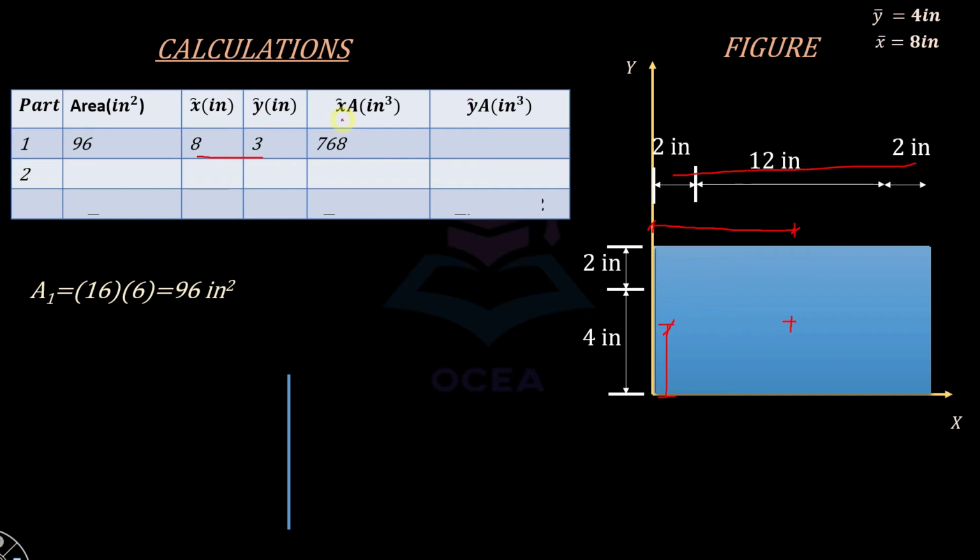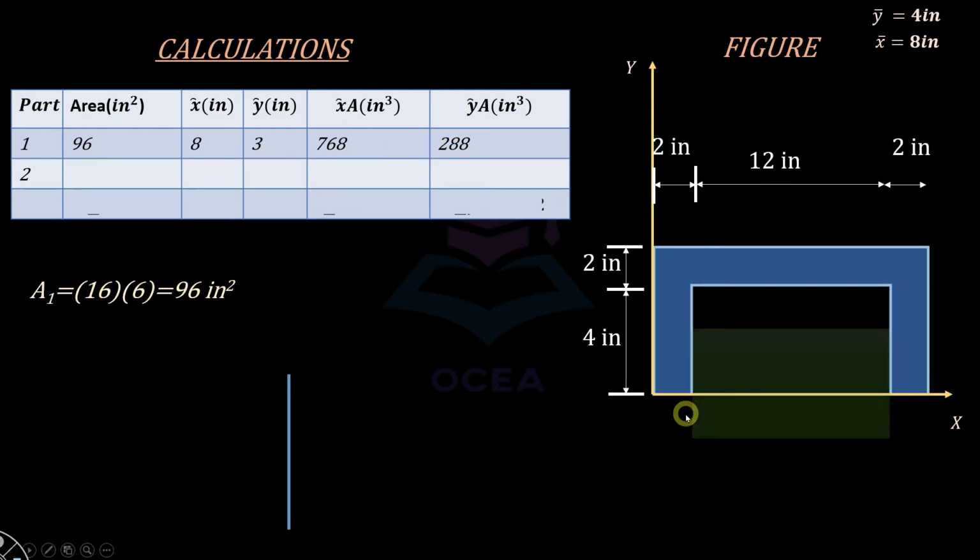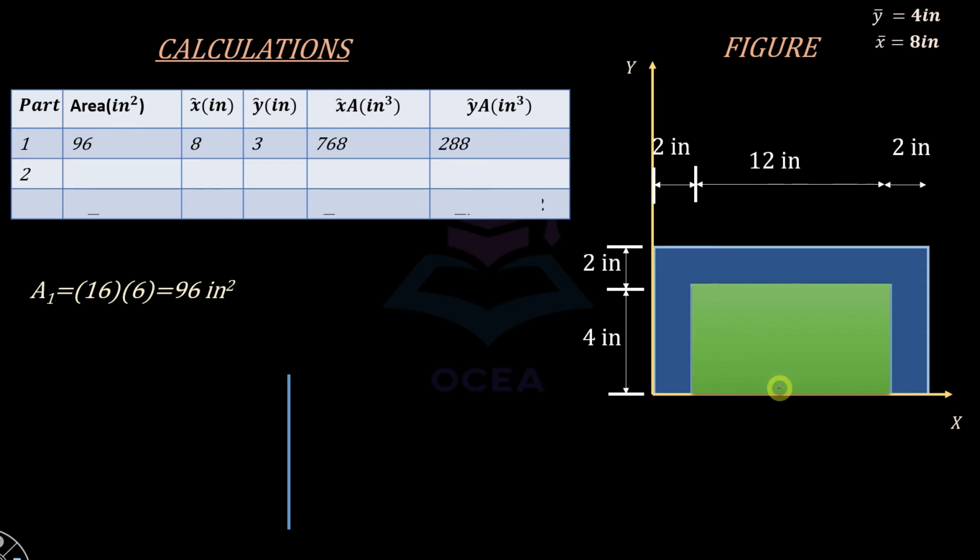So similarly, you can find these products as well just by multiplying x into a and y into a. This would give you these results. And now we are going to perform the same calculation for this rectangle over here. So the area of this rectangle is equal to 4 multiplied by 12, which comes out to be equal to 48.